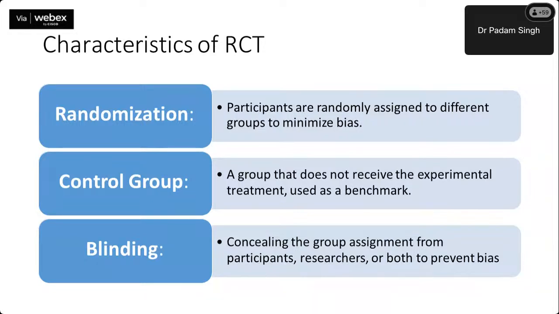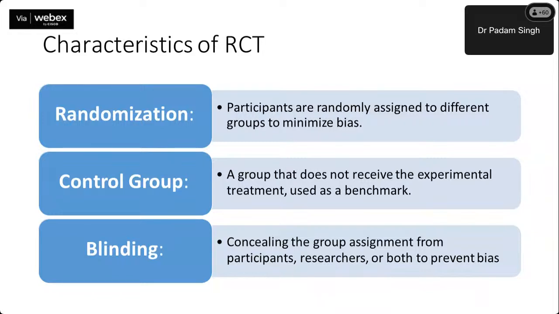Now, what are the characteristics of RCT? भाई इसमें तीन चीजें हैं. एक तो randomization होता है, that is participants are randomly assigned to groups, and this randomization is done to minimize bias. Okay, please note, क्यों randomize करते हैं? Just to minimize bias. The other one is that there has to be a control group, a group that does not receive the experimental intervention.